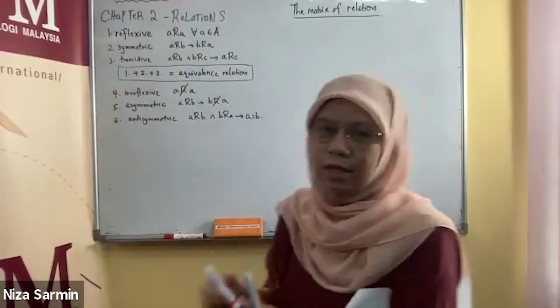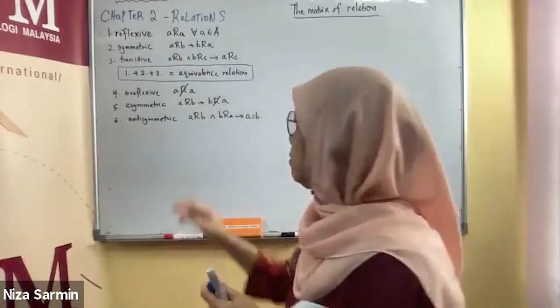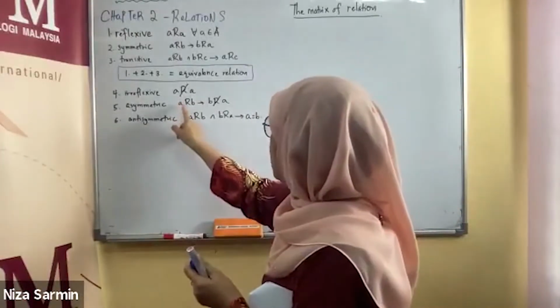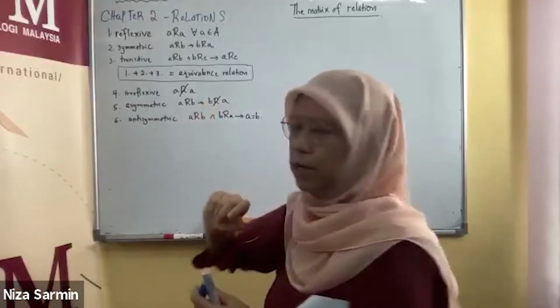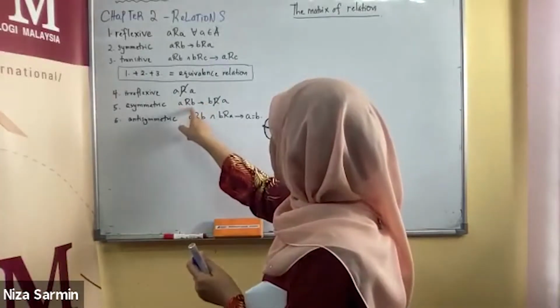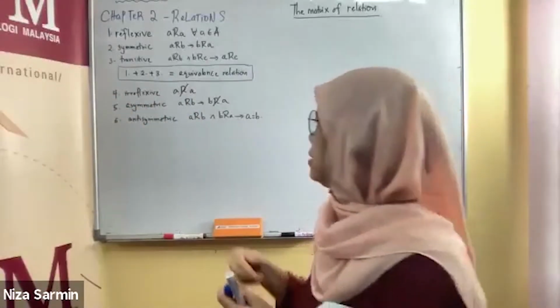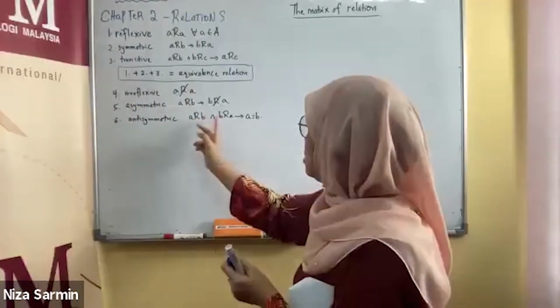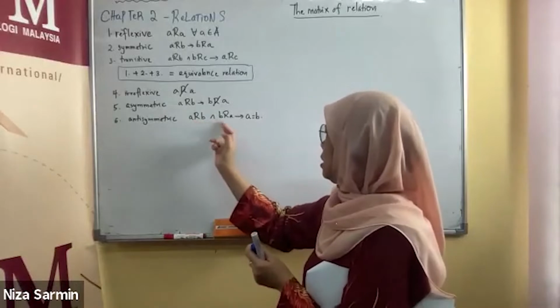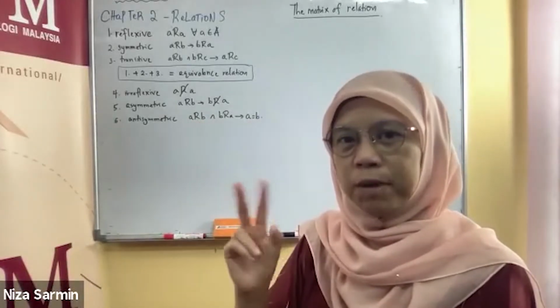And we also looked at irreflexive, in which you cannot have ARA. Asymmetric: if you have ARB, you cannot have BRA. All right? Meaning you cannot have ARA, because A is B, meaning B is A, right? And antisymmetric means if you have ARB and BRA, A has to be B, meaning you cannot have both pairs, right?